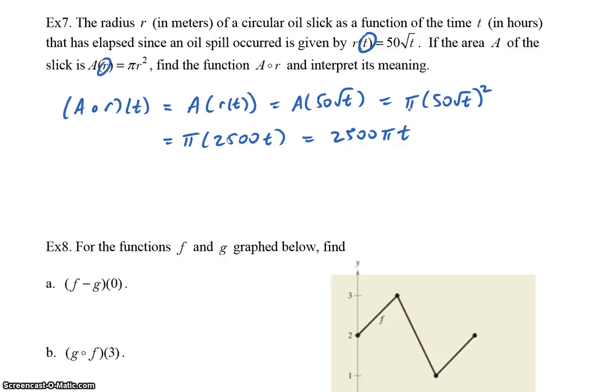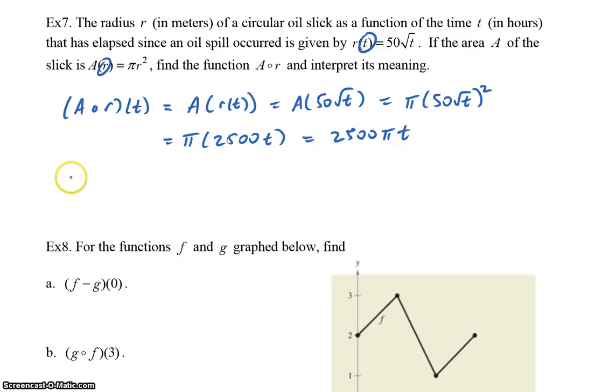So in terms of the meaning of this composite function, the composite function allows us to relate the area of the slick directly to the amount of time that's elapsed since the oil spill occurred, without computing the radius of the slick first.